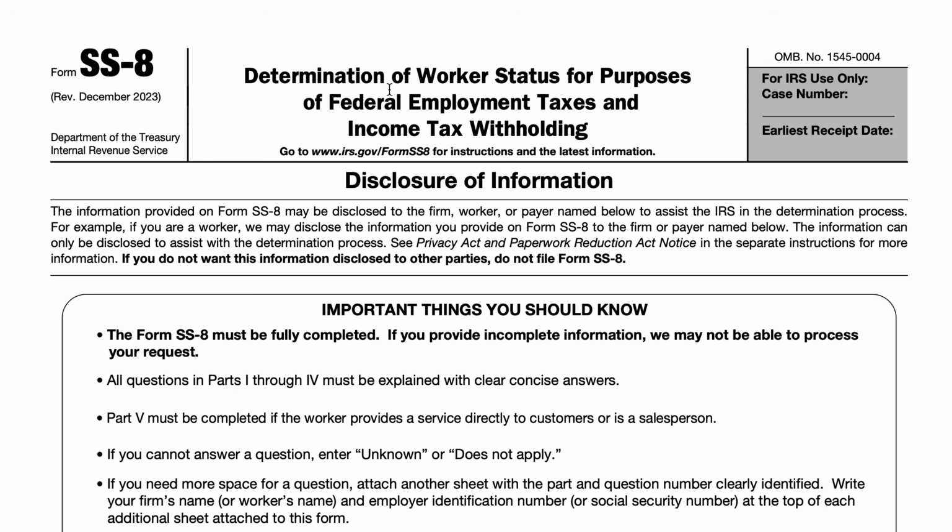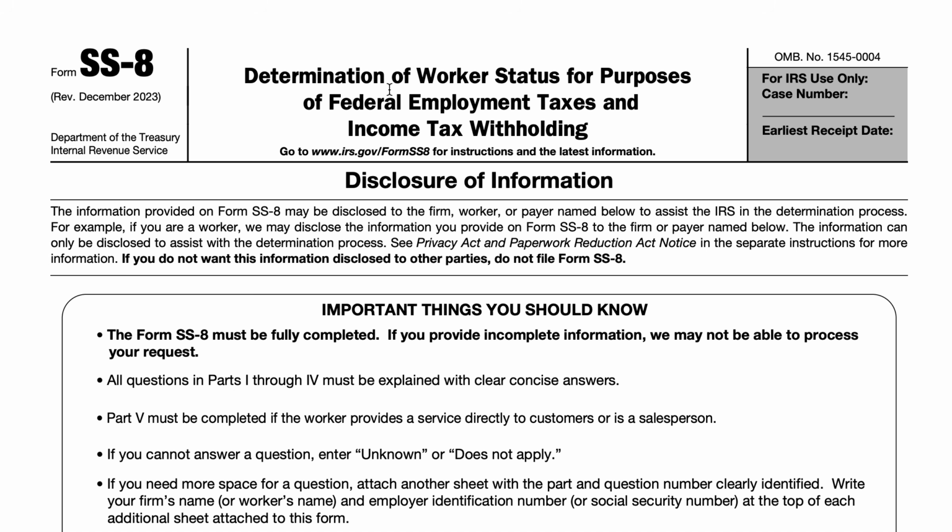Basically the IRS has been asking for the same information since the dawn of time. And again, in today's day and age with the side hustle economy or the gig economy, there are lots of places where you could do work in one area and you think you're being treated as an employee, and you go somewhere else and you find out that you're being treated as an independent contractor for the exact same work.